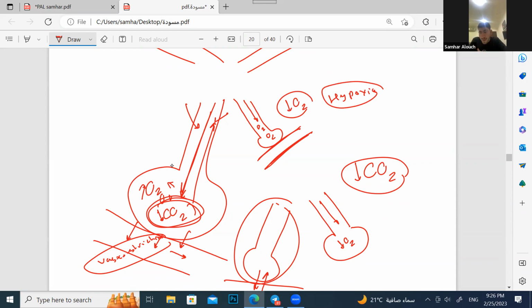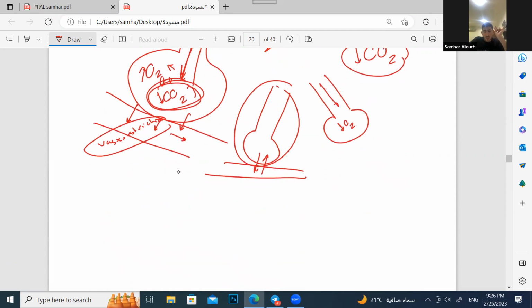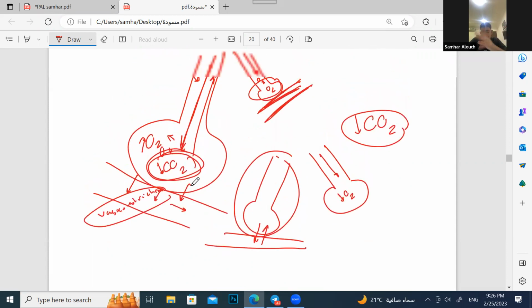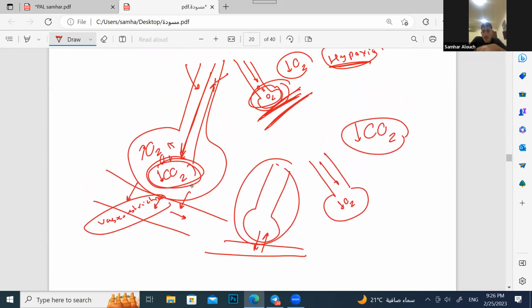So this very big blood vessel with hypoxia of the alveoli will get narrowed. Small alveoli with small blood vessels, big alveoli with big blood vessels. That's one way of correcting it. That's the hypoxia mechanism: the hypoxia causes the small alveoli to have small blood vessels and the big alveoli to have big blood vessels.